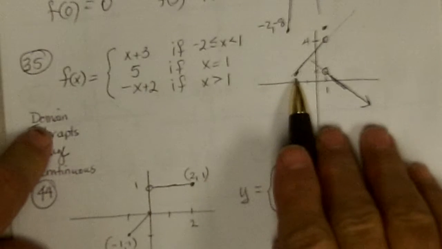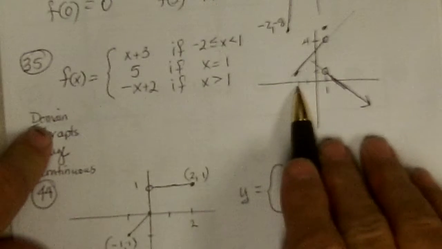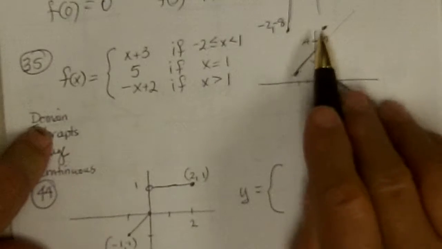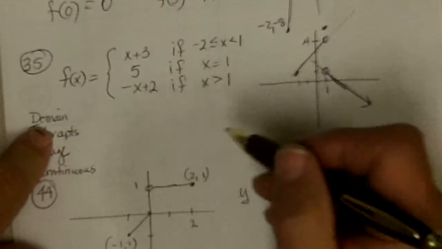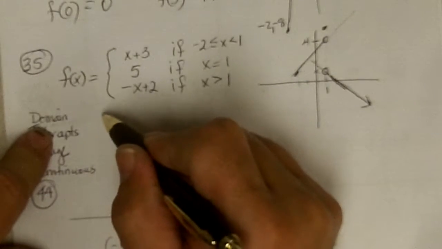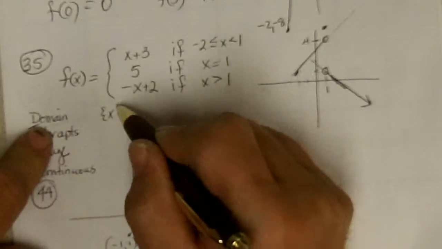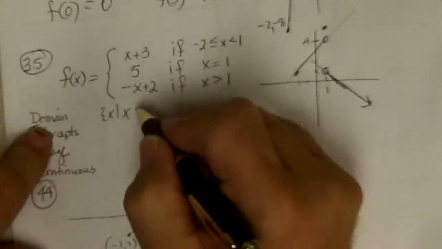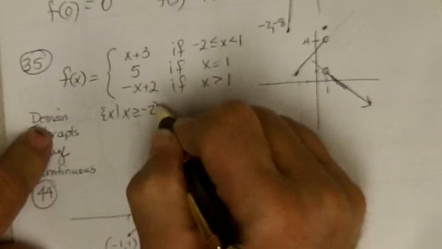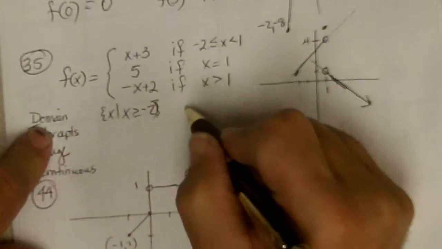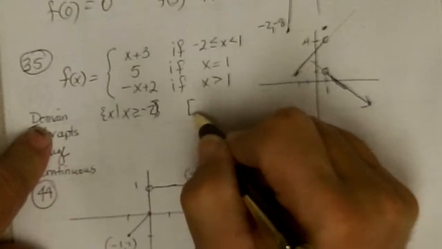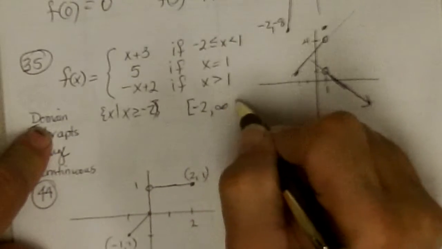Well, it has x values from -2, it has one at 1 up there, and for everything on. So the domain is x is greater than or equal to -2, or in interval notation from -2 to infinity.